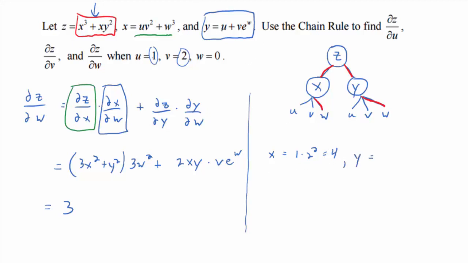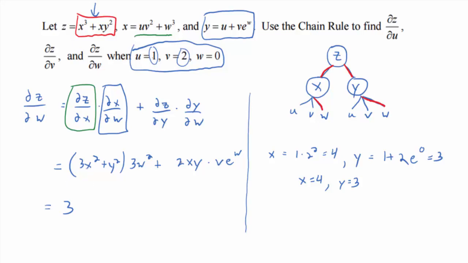So we have 1 plus v is 2, and then e to the 0. Oh, so that sticks around as 1, right? So 3. So x is 4, and y is 3 at these values. Oh, okay, so then we're in good shape.